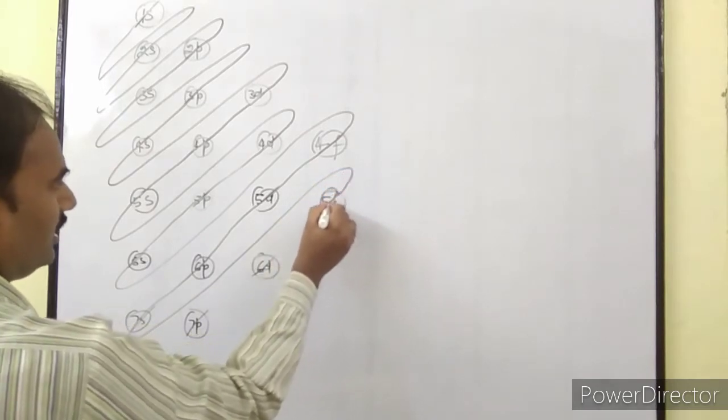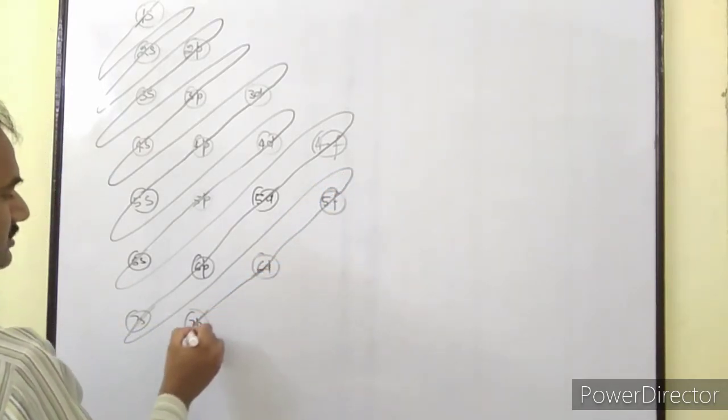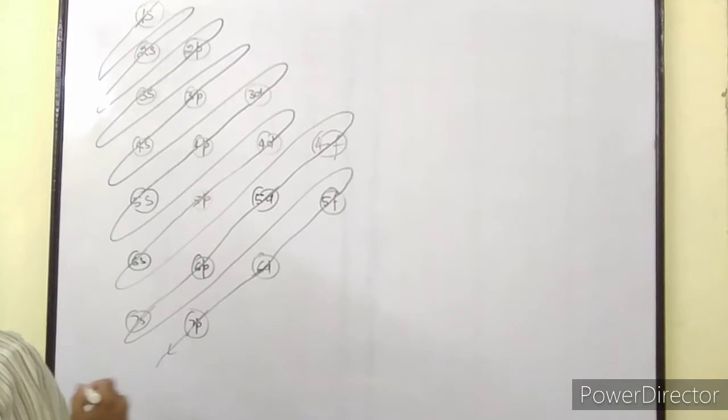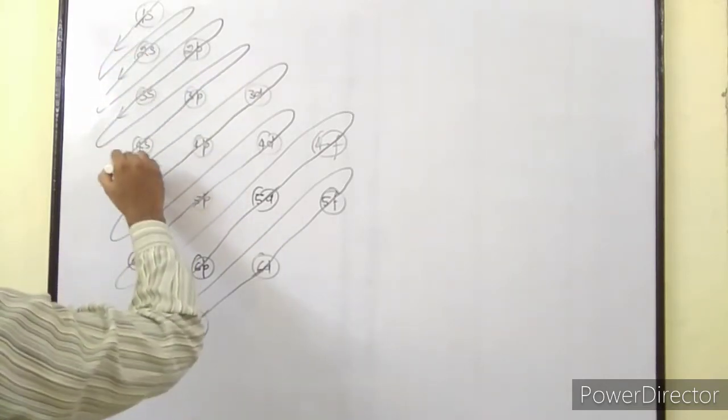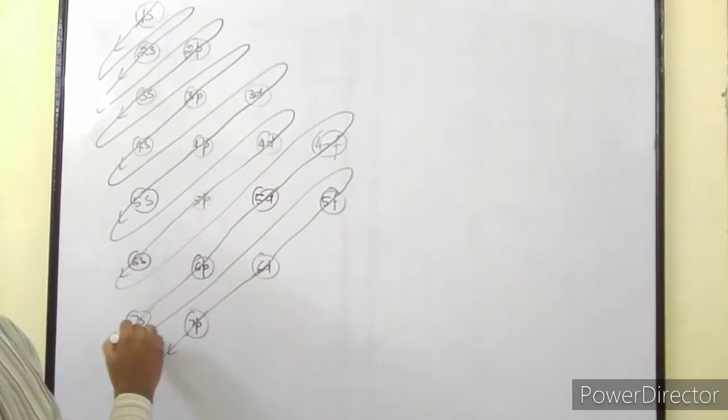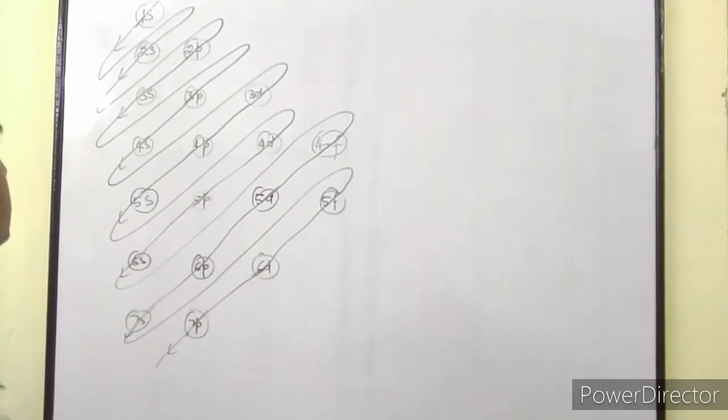After that 5f, 6d and 7p. This is the order of filling of electron in the atomic orbitals.